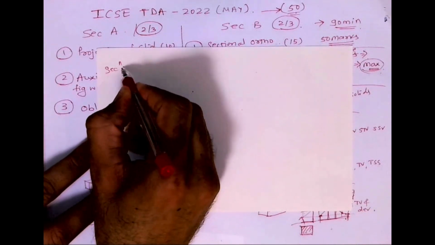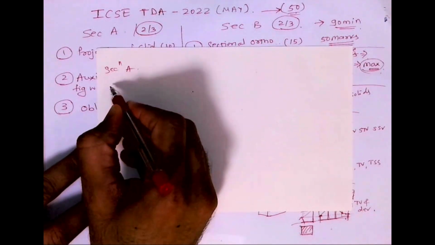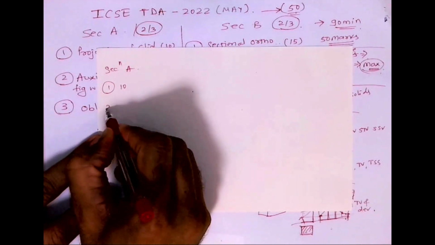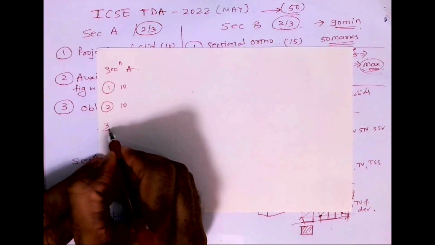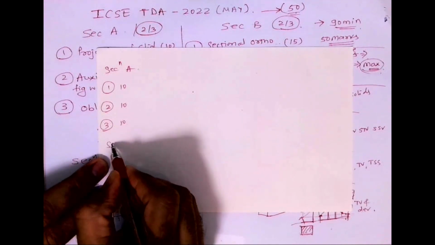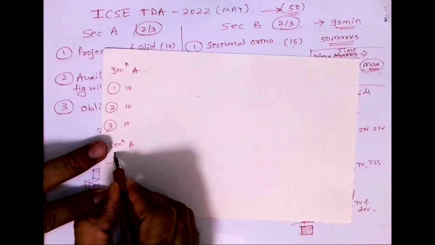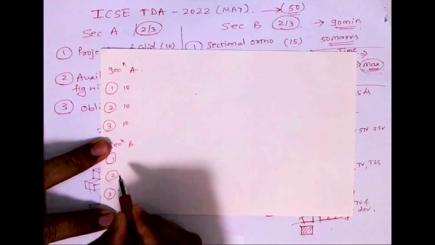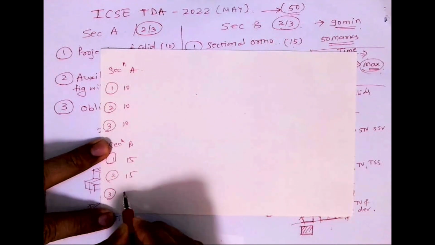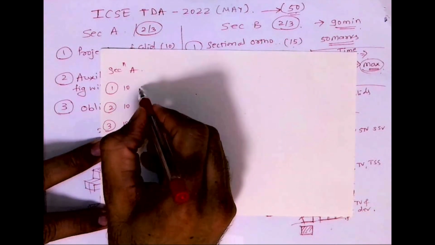So in your paper you have section A and section B. Section A has 10 marks, 10 marks, 10 marks, 3 questions. Out of 3 you have to do 2. And in section B you have 3 questions, 15, 15, 15. Again you have to do 2 out of 3.